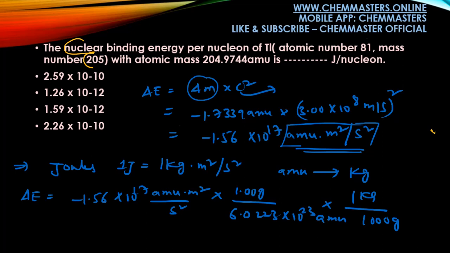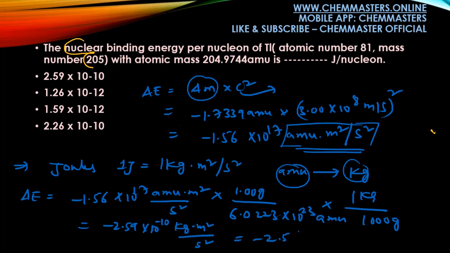By converting the units from atomic mass units to kgs, you will get minus 2.59 into 10 power minus 10 kg meter square per second square, which equals minus 2.59 into 10 power minus 10 joules.